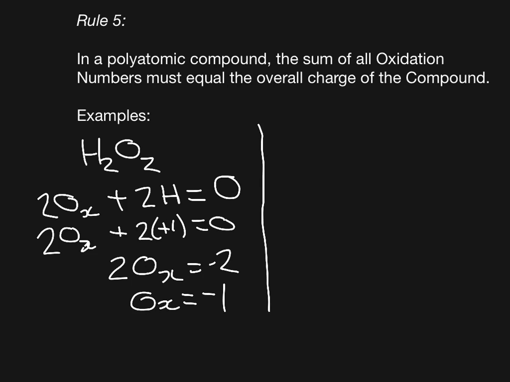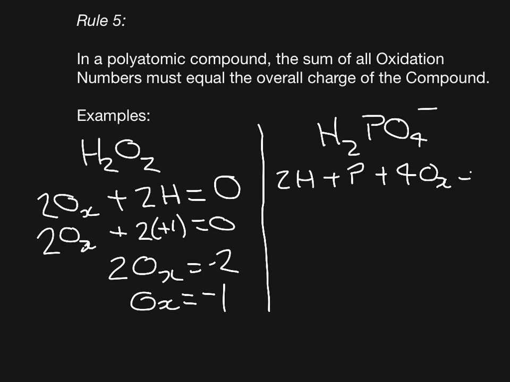So if I have another example, H2PO4 negative. Using rule 5, I can say that 2 lots of hydrogen plus phosphorus plus 4 lots of oxygen is equal to negative 1. So using rule 3, that hydrogen is bonded to a non-metal, its oxidation number must be positive 1.